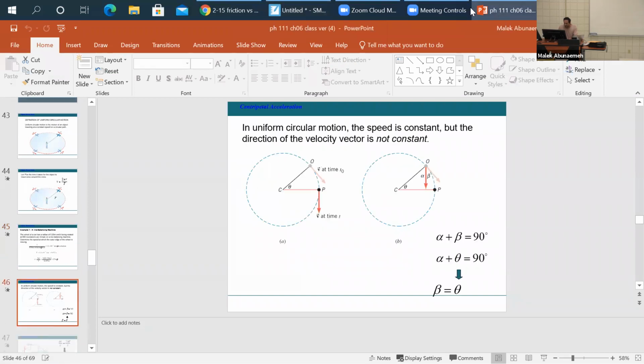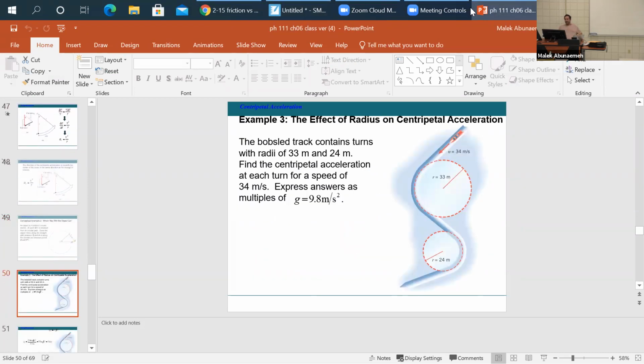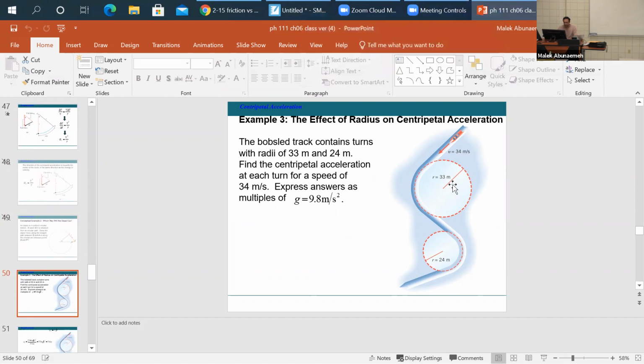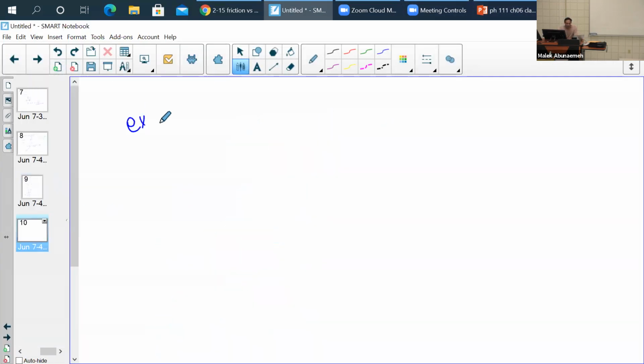So let's say we have an example. A bobsled track contains turns of radius 33 and 24 meters. Find the centripetal acceleration at each turn for a speed of 34 meters per second. In this case, you get two of them, so I'm going to call them 1 and 2.